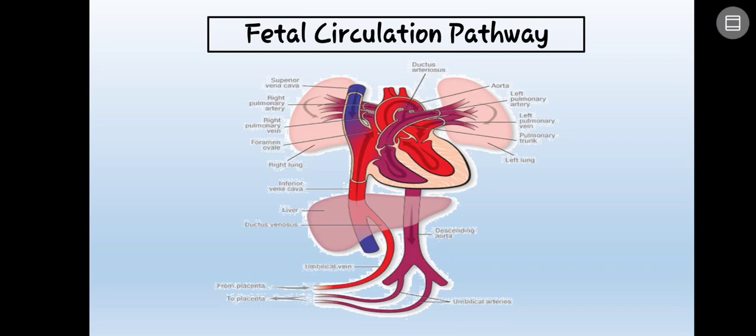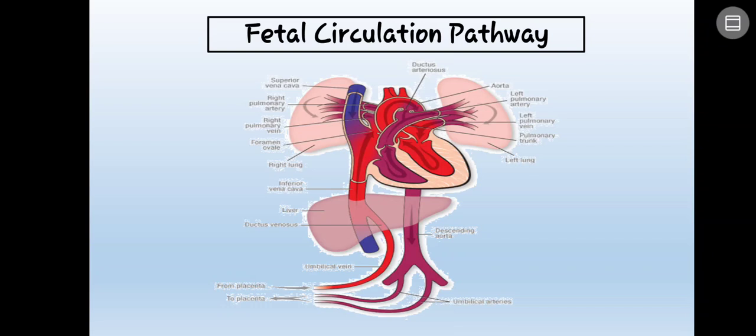Now for example, the foramen ovale would eventually seal completely after some days, and then it forms what we call the fossa ovalis. The fossa ovalis is like a small indentation in the wall between the atria.